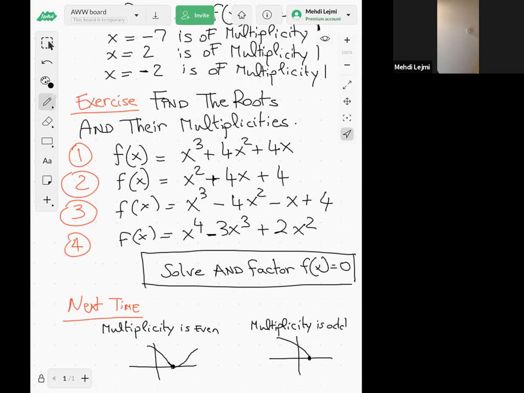You intersect your x-axis, but then the graph is going to just cross your x-axis. So that's why we are trying to find the multiplicities of these roots, okay? It's going to help us with graphing the polynomial f of x.